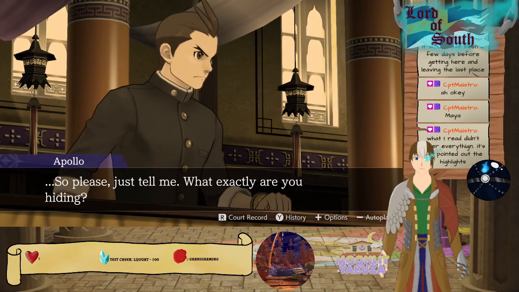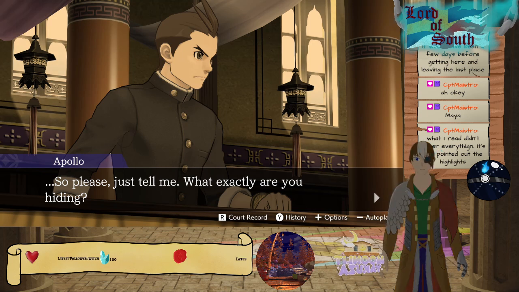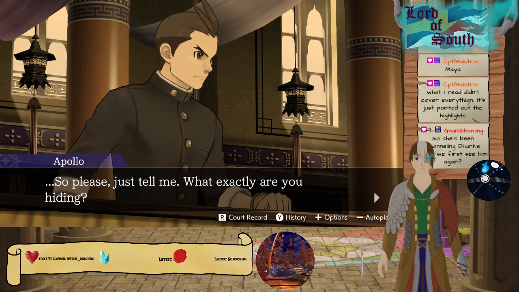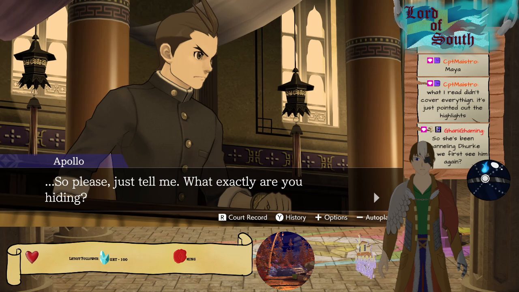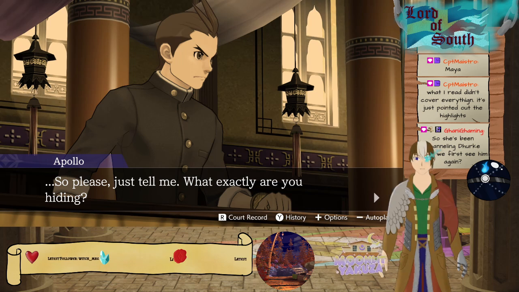What I read didn't cover everything, it just pointed out the highlights. Yeah. So he was actually dead at that point, huh? So he should be channeling Daruk since we first see him again, all the way over to the tomb.